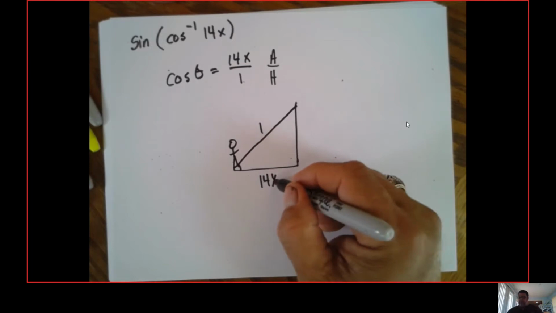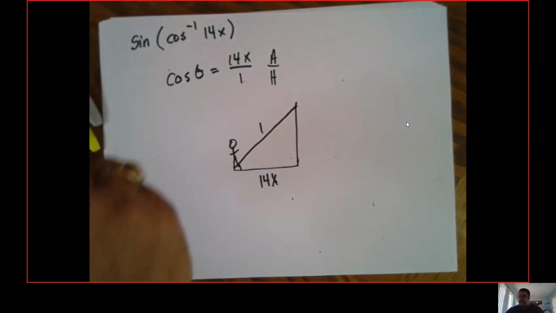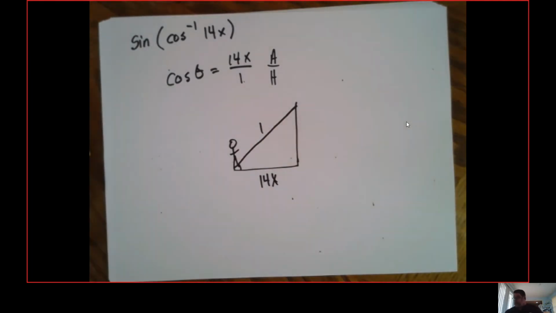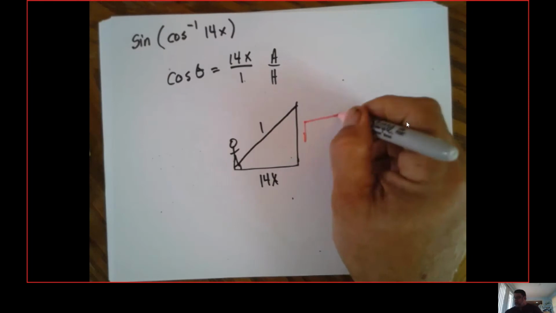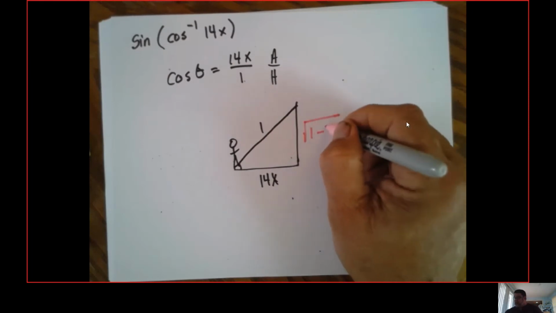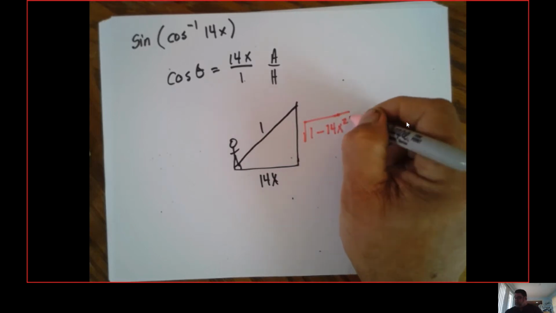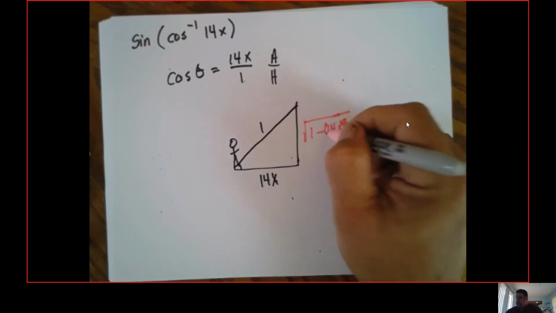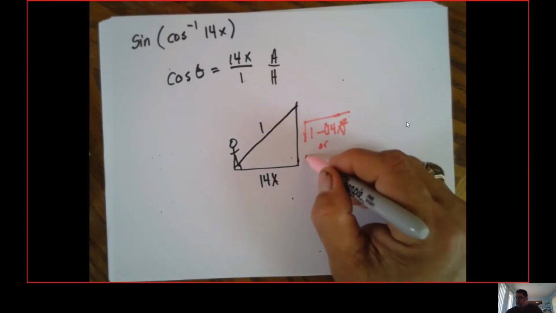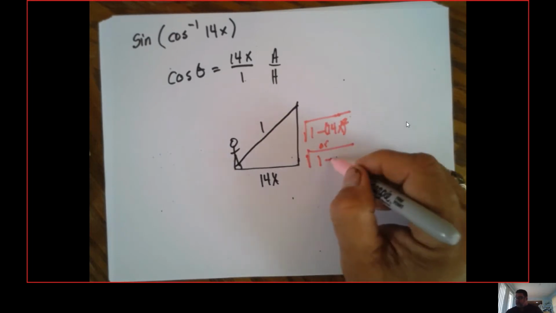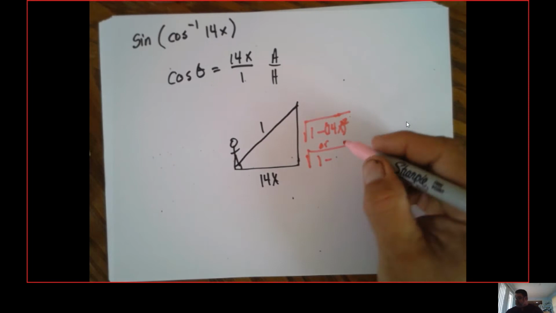So therefore, the opposite is going to be the square root of 1 minus 14x squared. I'm going to rewrite it like this. Or the square root of 1 minus, I think it's 196x squared.